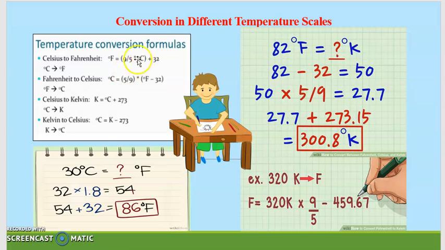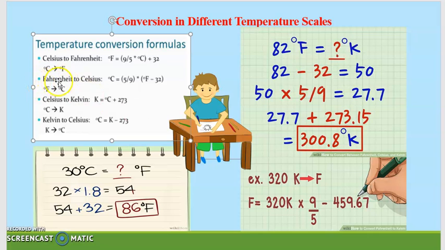So we need to learn how to convert between different temperature scales. Here are the formulas. To convert Celsius to Fahrenheit, we take Celsius multiplied by 9 divided by 5 and plus 32, then we get Fahrenheit.